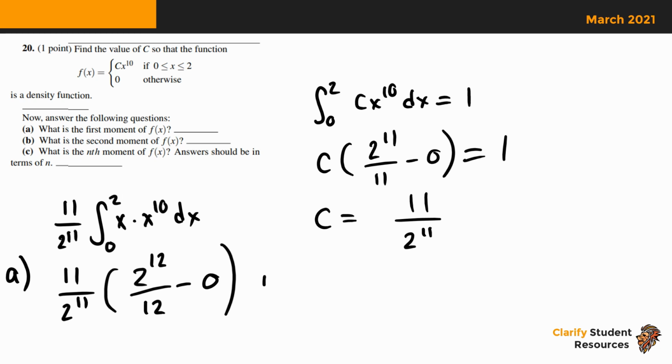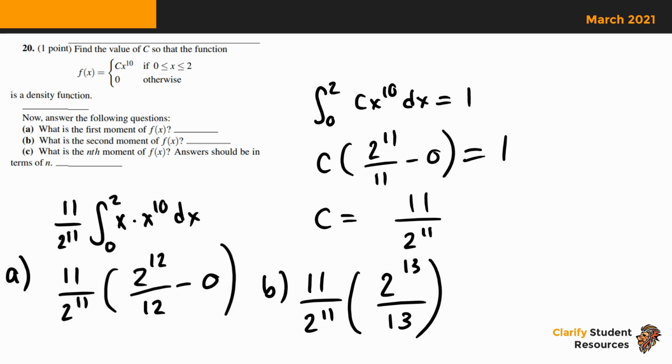And then the second moment. We're basically just going to add another x. So we have 11 over 2 to the power of 11, and then it's going to be 2 to the power of 13 over 13 instead of 12. So you can see there's a pattern developing here.